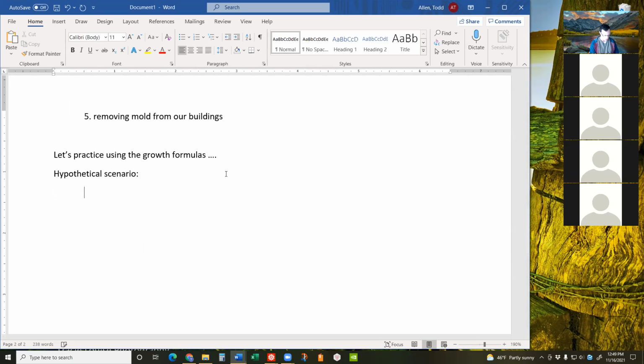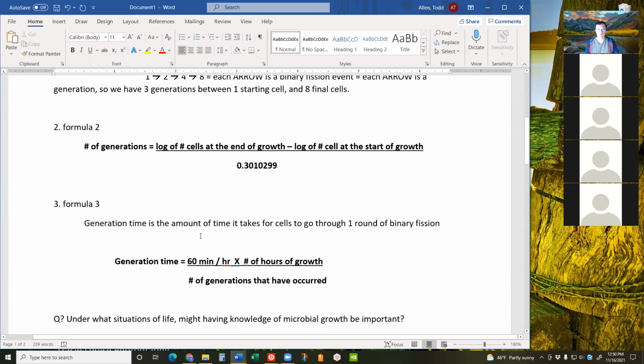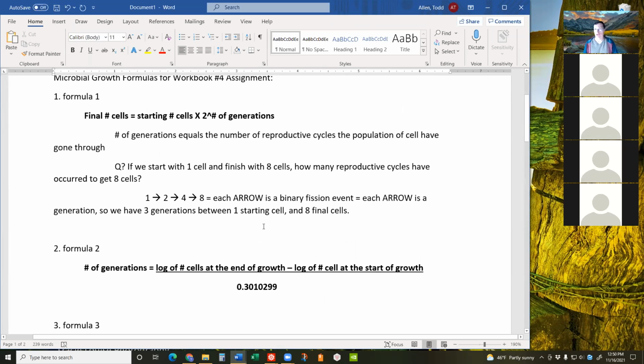And I'm going to ask you to apply some logical reasoning and a judicious use of the formulas to come to an answer, okay? Remember, when I give you a hypothetical scenario, which I will do on your upcoming exam, I'm not telling you that you have to use all 3 formulas to answer the question. Maybe 1 or 2 of the formulas aren't even relevant. And that's the point of the math and the logical reasoning.